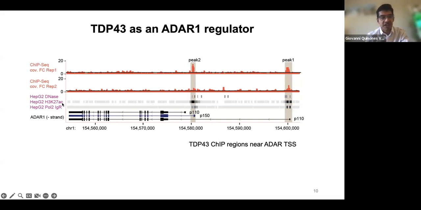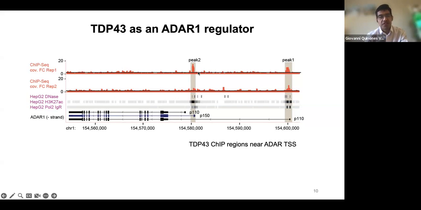We also have regions of polymerase II binding and other histone marks that all highlight these regions as regions of open chromatin and transcription, for the ADAR1 gene where TDP43 is binding.